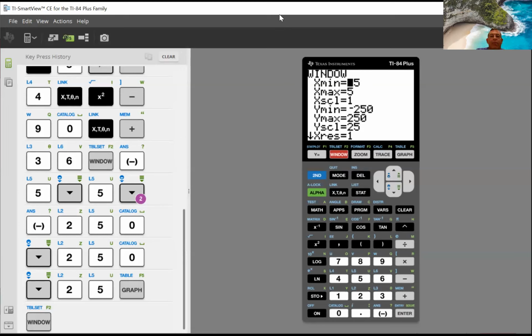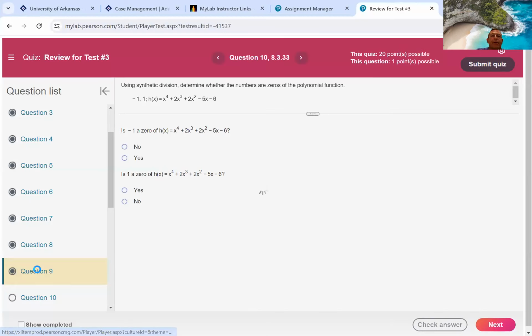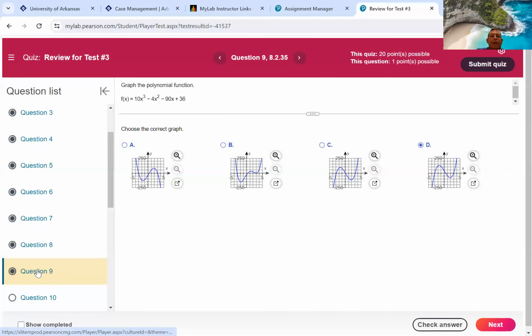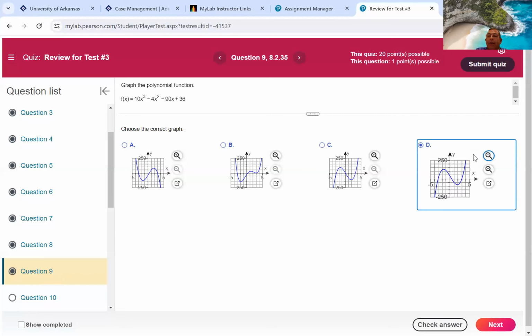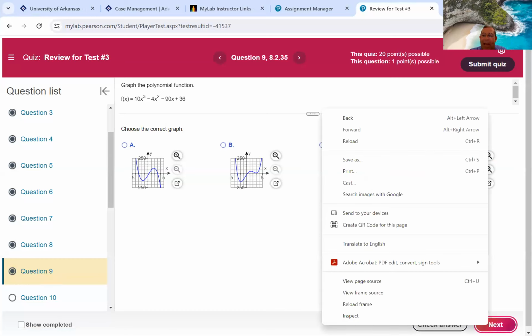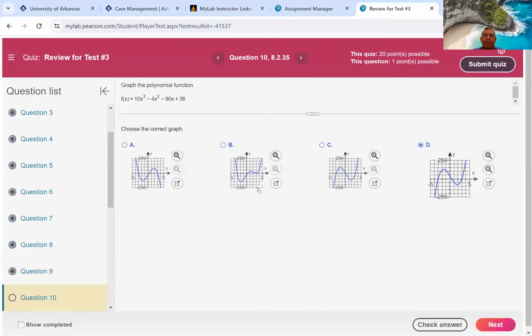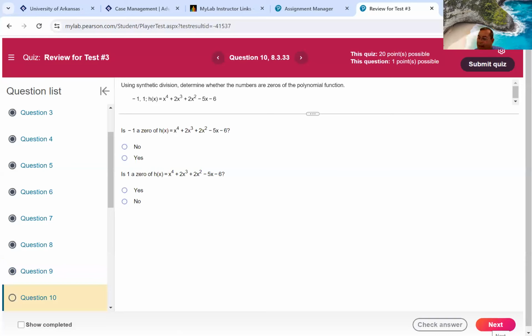Let me go back to the graph. Look at these graphs. I'm just looking at these and going -5 to 5. See how they are on the X's? And then the Y values, that's where I'm getting my window at, okay? That way you can match their stuff and get the picture just like they got.